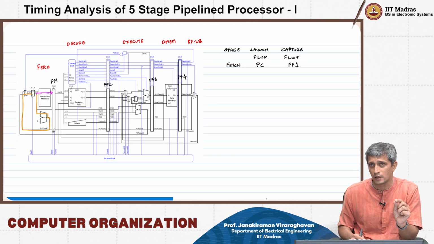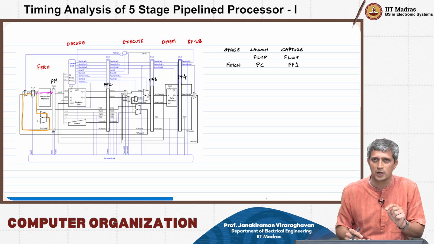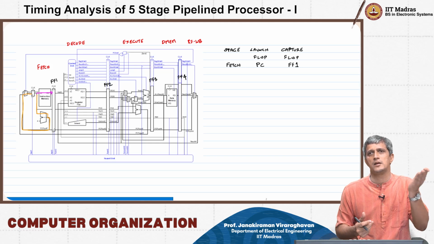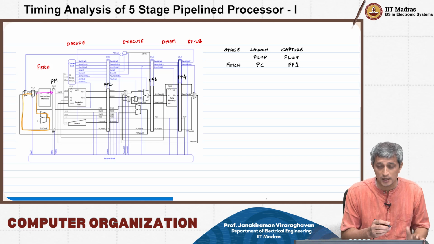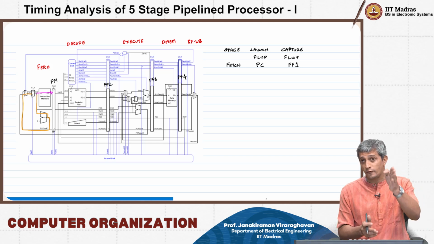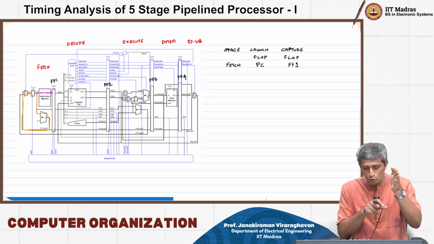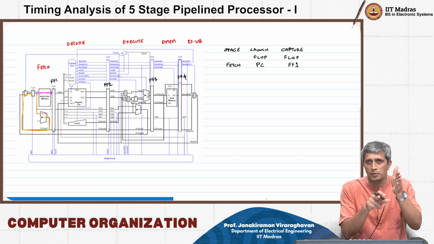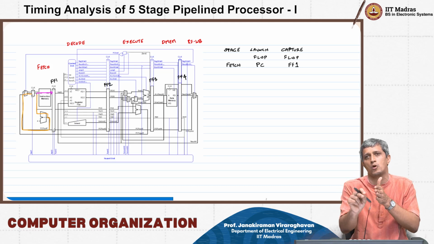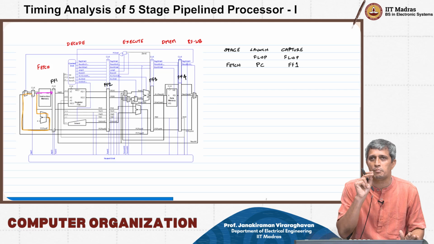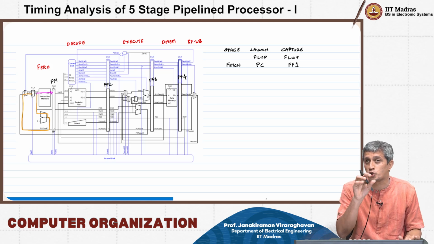The delay will be much smaller than the ALU, as you're just doing +4 and bringing that data back. So the launch flop is the program counter, going through just an adder and one multiplexer, and coming back to the program counter. That is going to be a very short path.